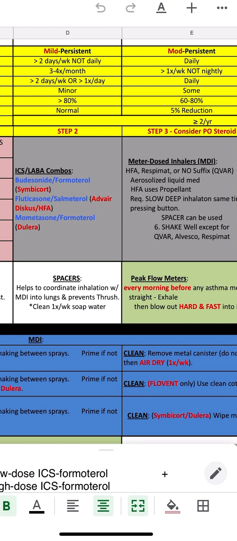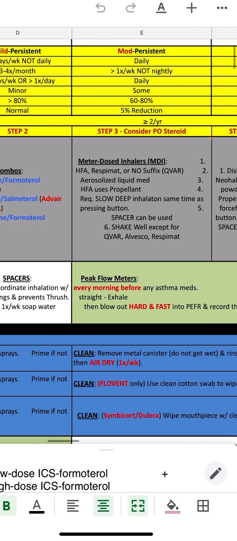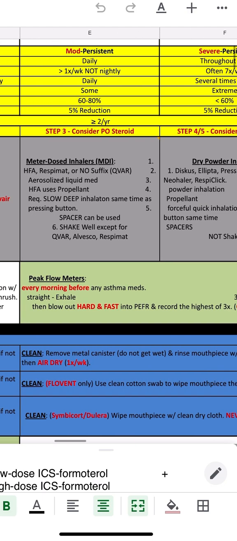Mometasone formoterol Dulera. Metered-dose inhalers: MDI, HFA, Respimat, or no suffix, for example, Combivent. So you'll see HFA, Respimat, or no suffix.